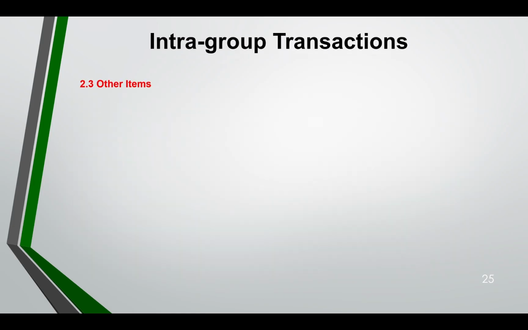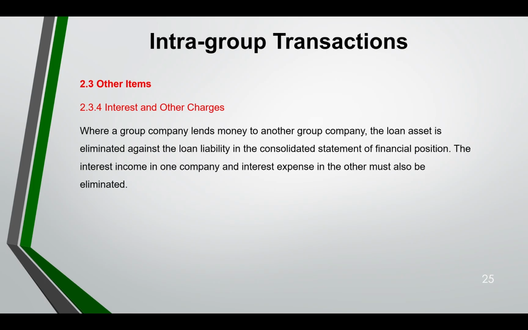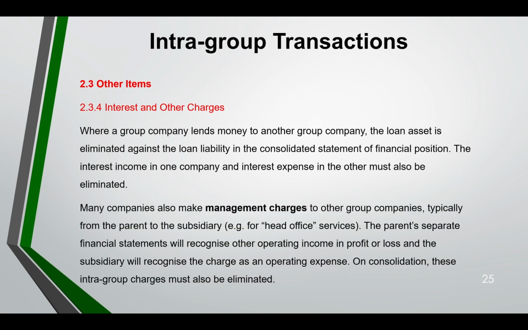Now, moving on to the next item, interest and other charges. Where a group company is lending money to another group company, the loan asset is eliminated against the loan liability in the financial position. But due to that loan, one company will have an interest income, another company will have to pay interest expense. That is also eliminated in profit and loss.